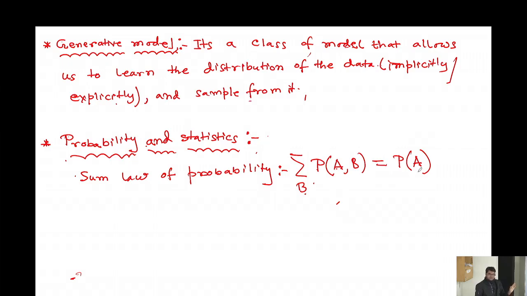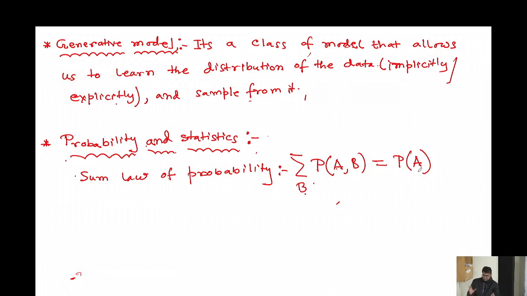Okay. So this is the sum law, and this can be A comma B comma C also. It need not be 2. It can be A comma B comma C comma D, and you can do the summation over one variable at a time, or over multiple variables at a time. Whatever variable you sum over, that variable will not appear because you have integrated it out. The remaining variables will appear.